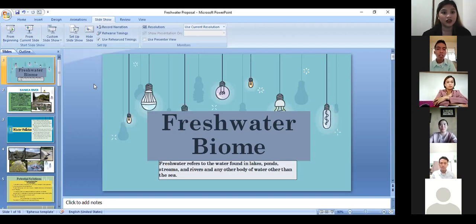But since it is not, that is what happens. Also, one of the factors is the logging of trees, because in the past few years, there are many people cutting trees, and that's why the DENR is trying to stop the people doing illegal logging and deforestation, and that's why it is one of our objectives to plant trees and reforest.